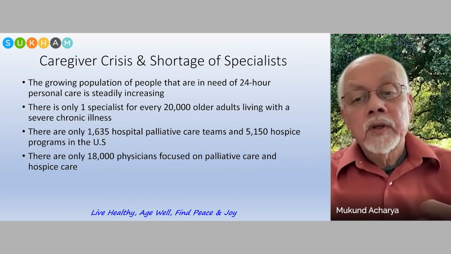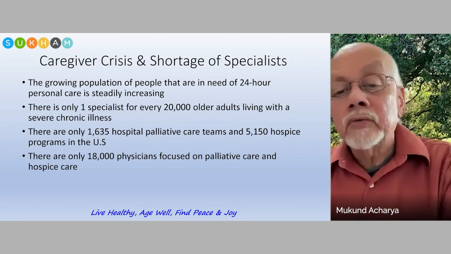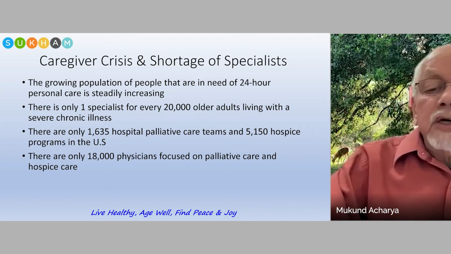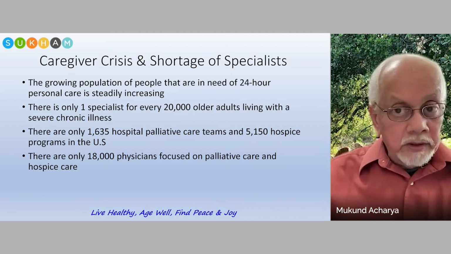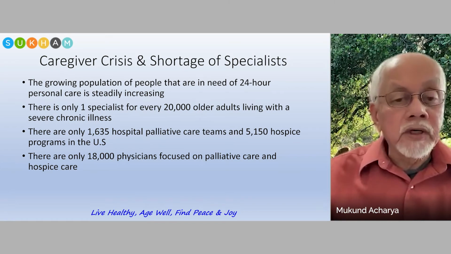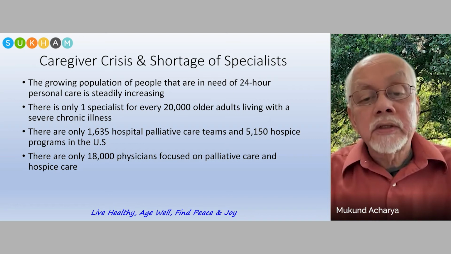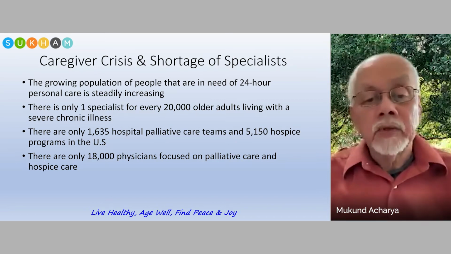In the US, they estimate that there's one specialist for a disease for every 20,000 older adults living with severe chronic illness. We'll talk about palliative care and hospice care in a separate lecture, and I'll tell you exactly what those mean in the May-June timeframe towards the end of the program. But there are only 1,600 hospital teams across all of US that provide palliative and hospice care. A severe shortage of that medical specialty that we'll describe later.